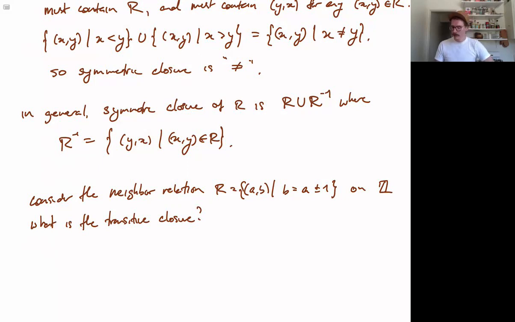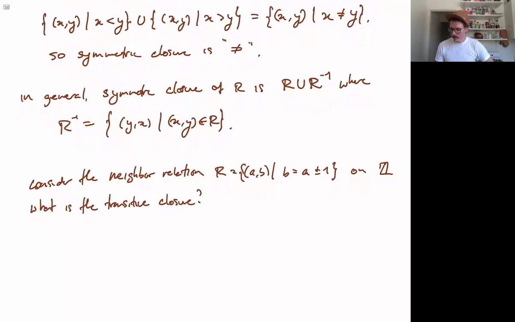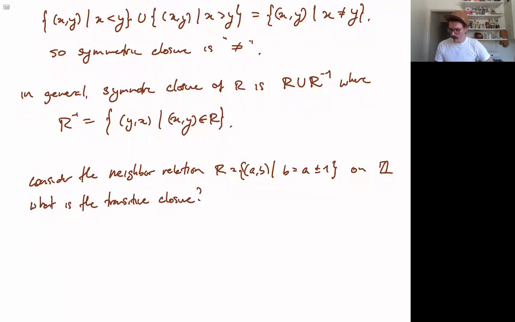So let's try to do a similar sort of reasoning, although it might take a little bit more this time, because we might have to apply it more than once. So let's think about some element a comma a plus 1 that's in our relation R. So it has to contain this because this is in R. And transitivity means that we're allowed to chain things together.